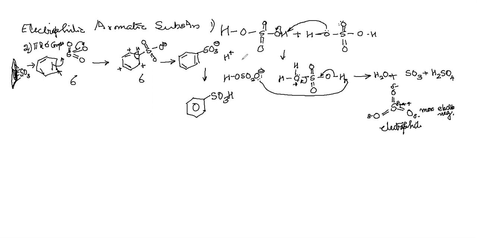Now we have Friedel-Crafts reactions. Benzene treated with methyl chloride gives you toluene in presence of aluminum chloride as a catalyst in catalytic amount.